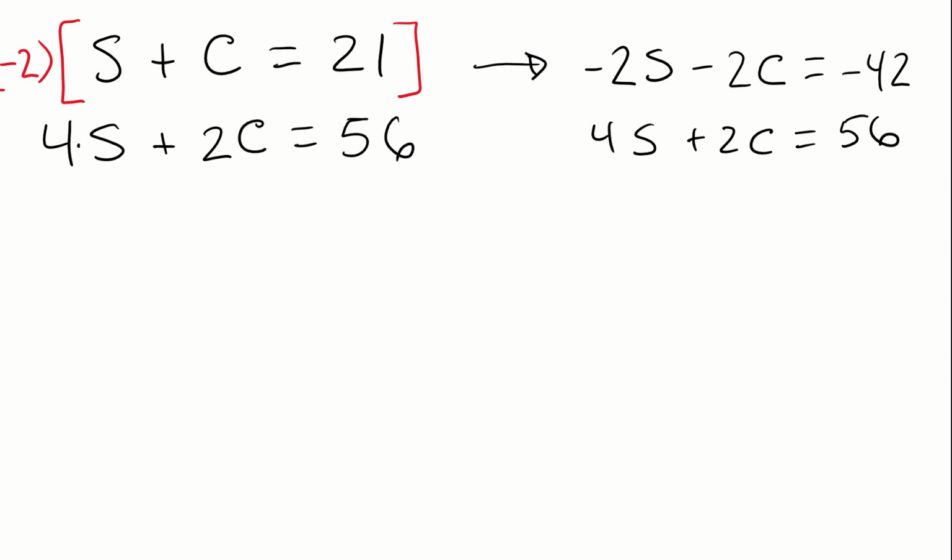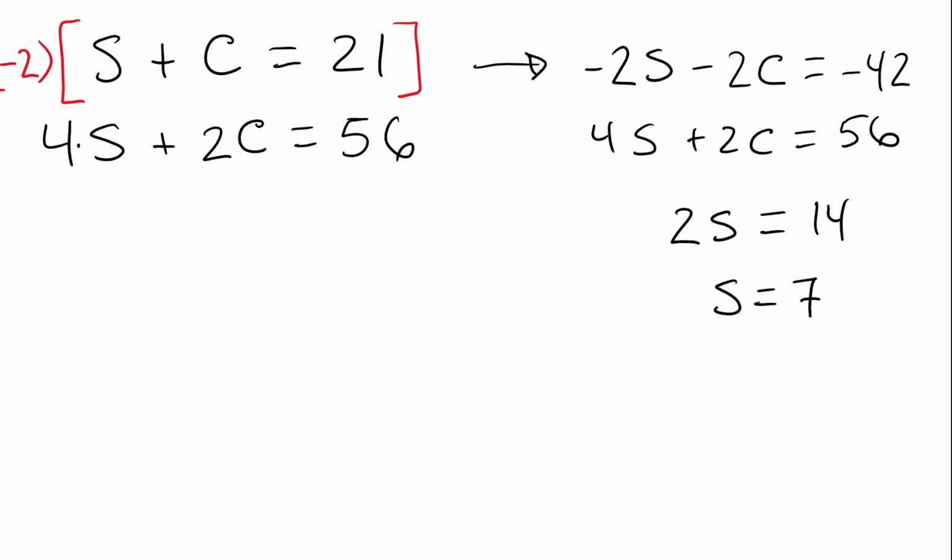So this equation is going to become positive 2s equals, subtraction time, 56 minus 42. I did just type that into a calculator and I got that that is positive 14. Therefore, the number of sheep is 7.